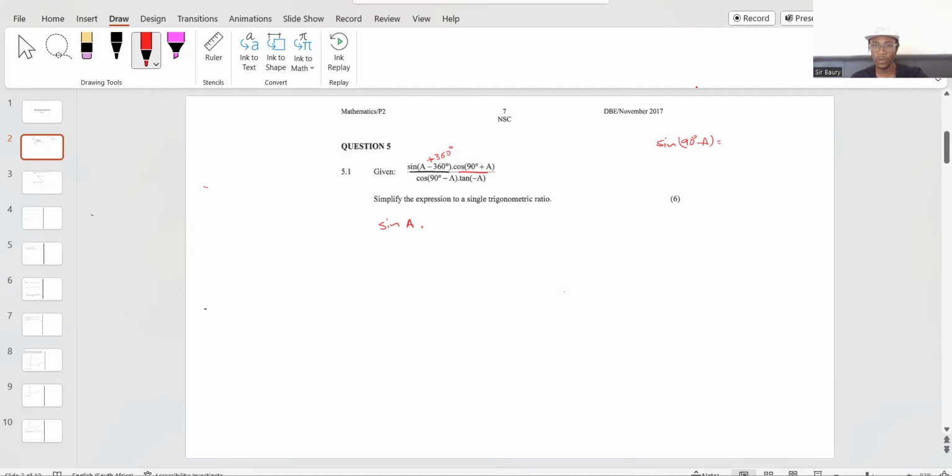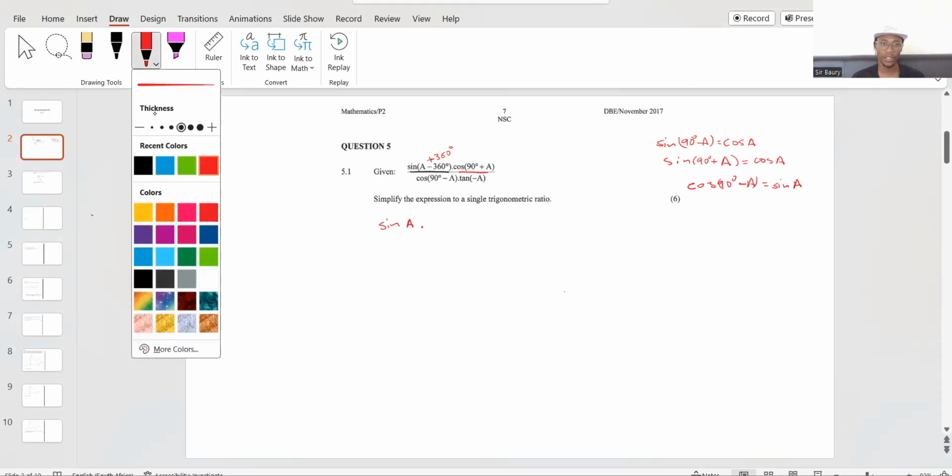This changes to cos A. And then if you have sine (90 degrees plus A), this also changes to cos A. Now, if we have cos (90 degrees minus A), this is going to be the same as sine A.